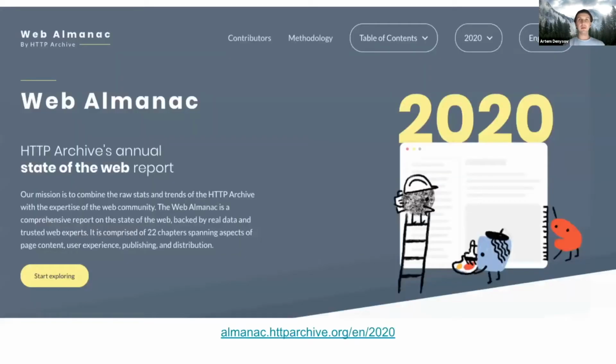And what I've been working on with folks from the community is the Web Almanac. As we already talked about, it's an actual report which is published each year. It's the second edition this year, based on HTTP Archive data, and it's really awesome stuff.